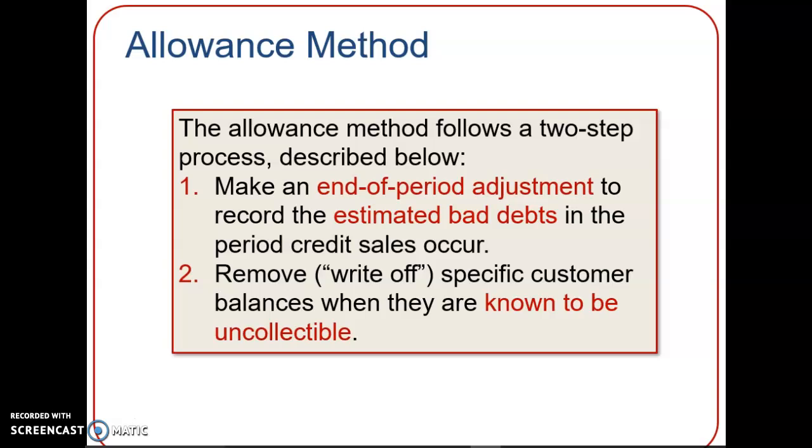That's very important to match the expense with the revenue in the same period. And second, in the following period, remove specific customer balances or write off customer balances when they are known to be uncollectible. So we're going to look at a series of examples to see how we use this allowance method.